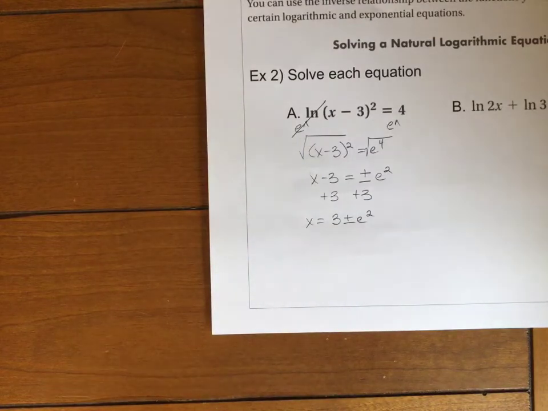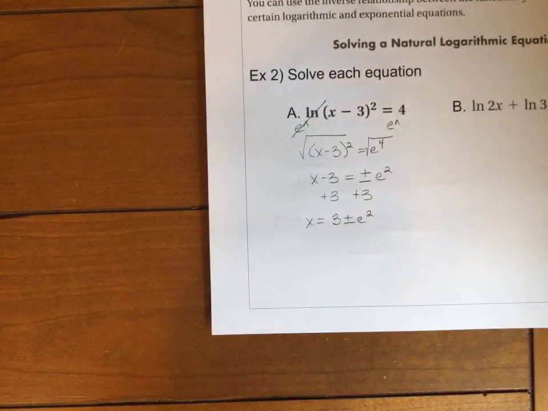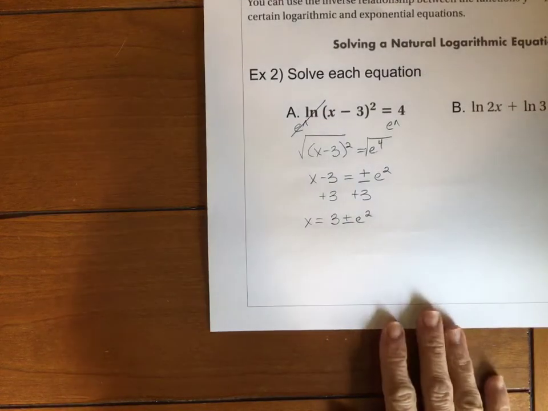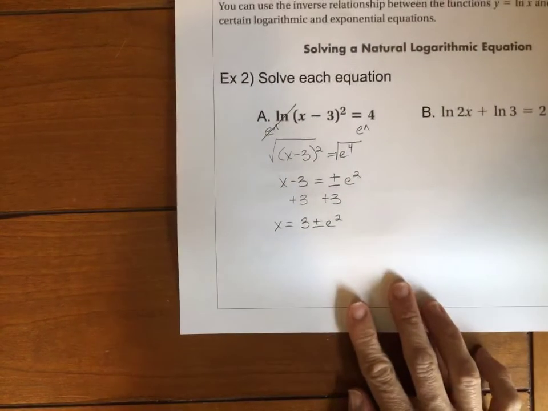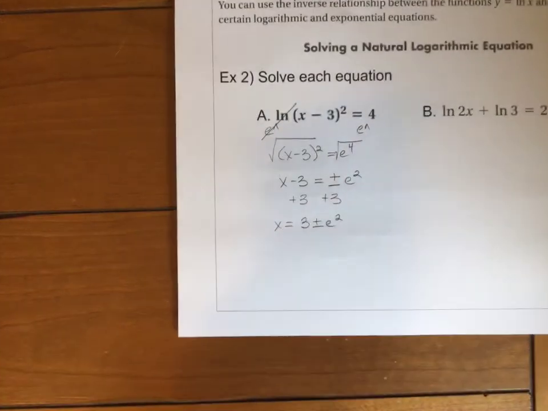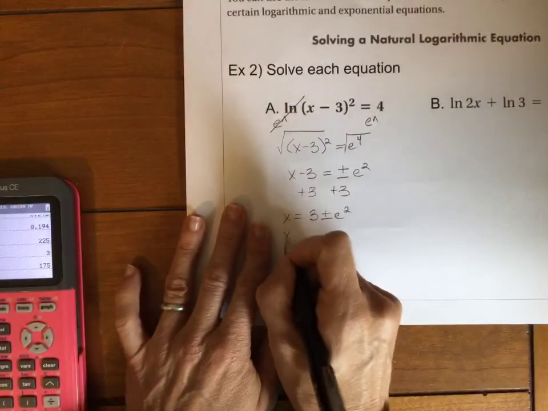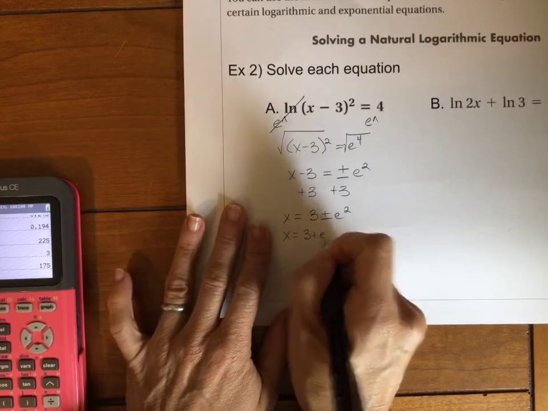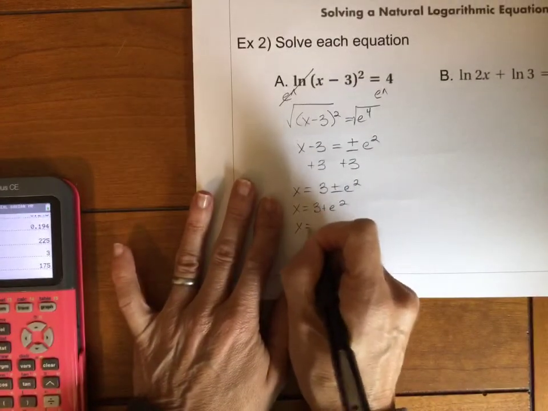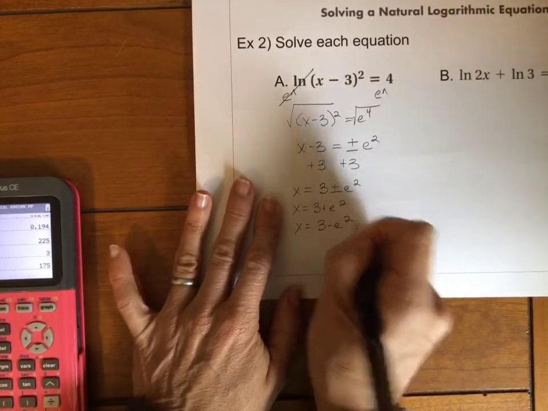Your book for checking answers has the decimals. And so be really careful if it says you're going to round to the hundredths or the thousandths. But to do this, this is really x equals 3 plus e squared and x equals 3 minus e squared.